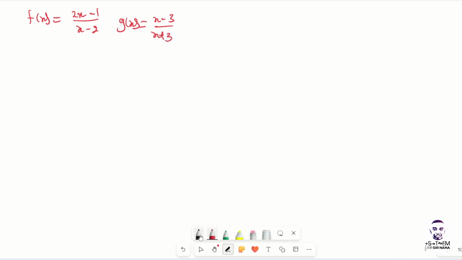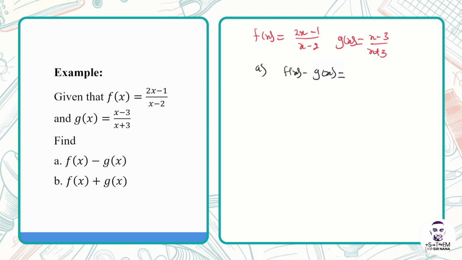Now we have to find the first part, a, f of x minus g of x. So let's write the expressions out. Our f of x is 2x minus 1 all over x minus 2, and then we bring the minus sign, and then we have x minus 3 all over x plus 3.